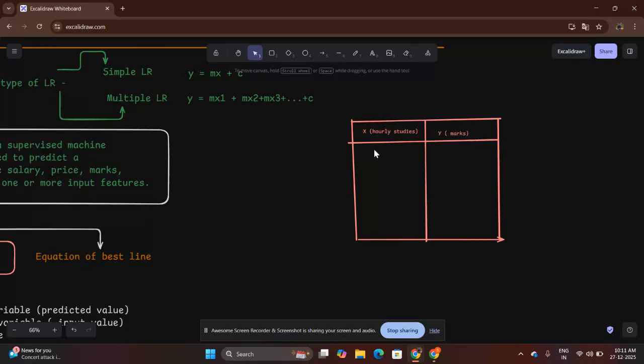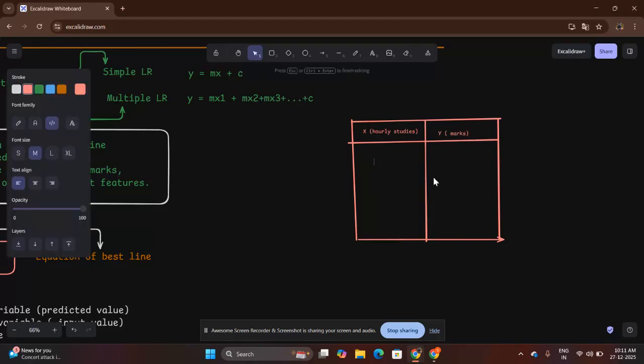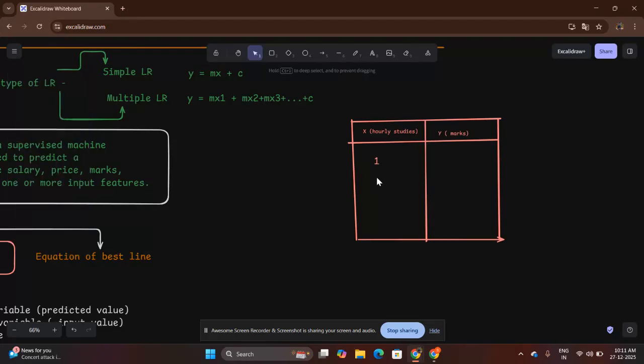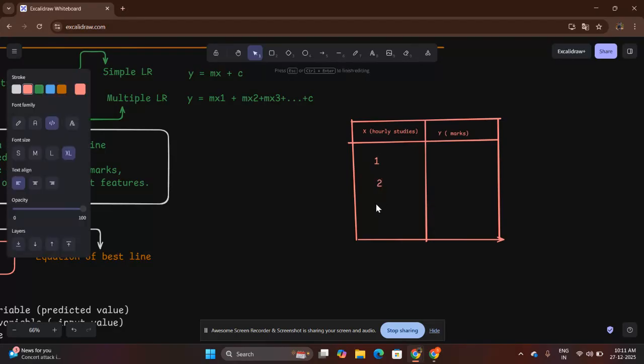The data points over here are 1, 2, 3, 4, and their targets: for 1 the target is 2, for 2 the target is 4, for 3 the target is 6, and for 4 the target is 8.